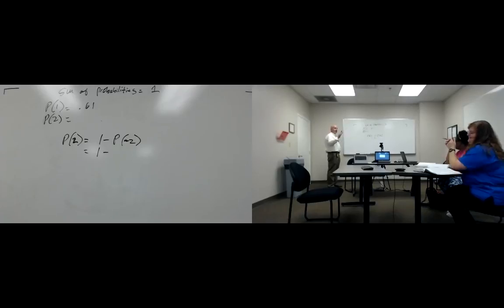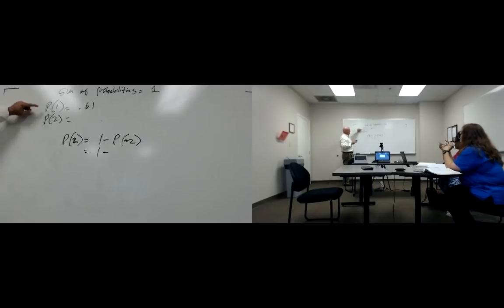Remember, the collection of all outcomes must equal 1. If this event occurs, can this event occur? No, because they're mutually exclusive.